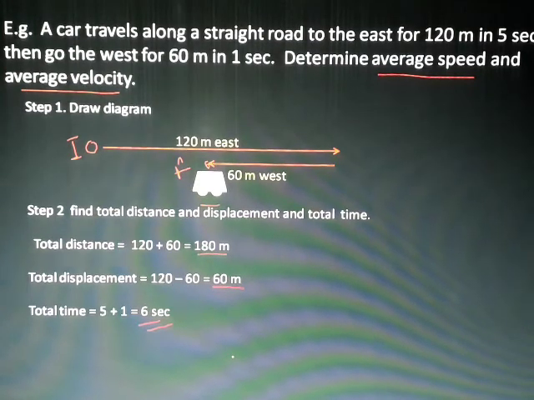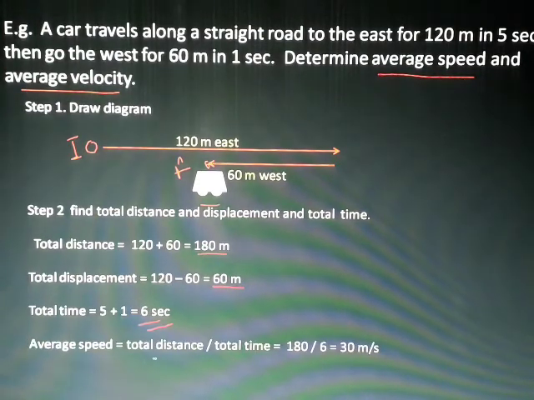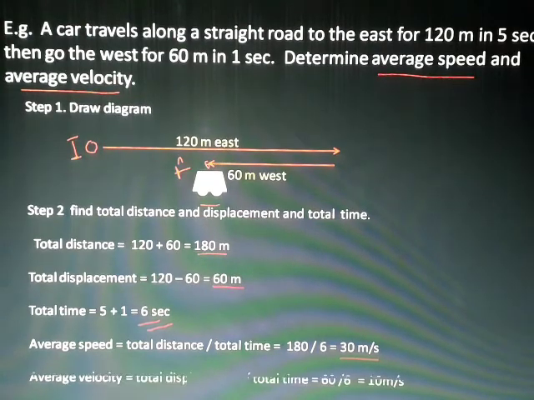Now find out average speed, which is nothing but total distance divided by total time. So 180 divided by 6, that is 30 meter per second. Whereas average velocity is total displacement by total time, that means 60 divided by 6, which is nothing but 10 meter per second.